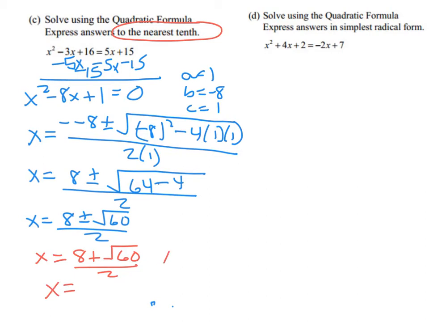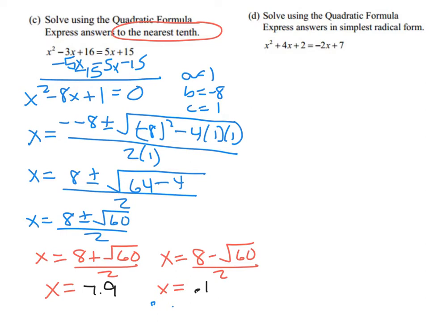And the other one is x equals 8 minus the square root of 60 on your calculator, and divide that answer by 2. And you should get this approximately. So I'm going to bring those up in a little bit here. So we'll get 7.9 as the answer and 1/10, so 0.1 as the other answer.